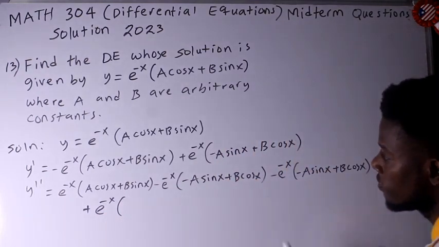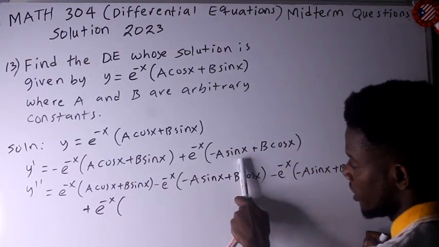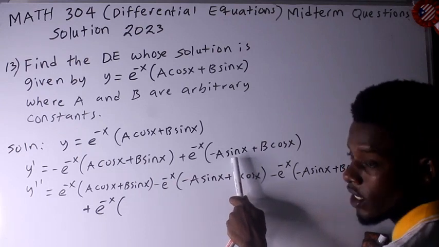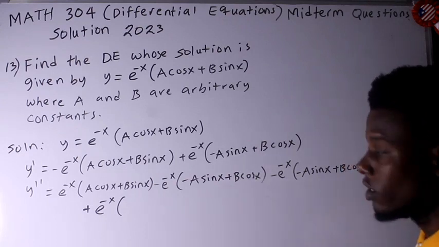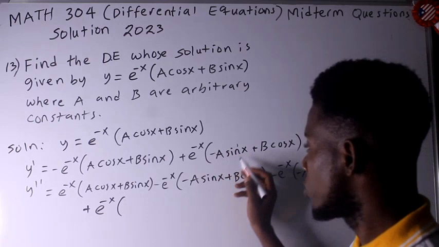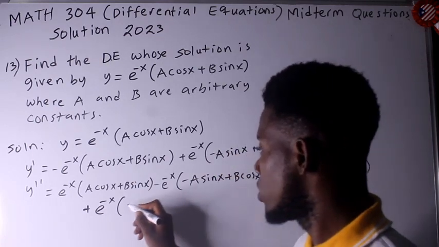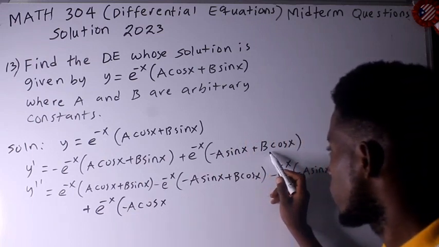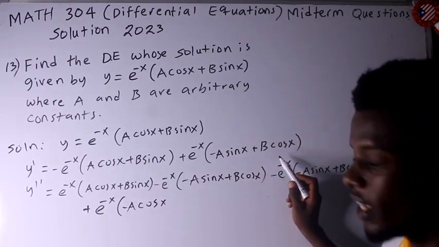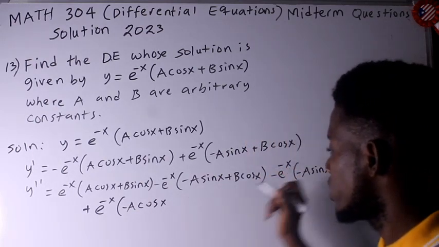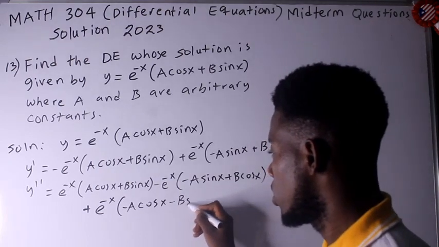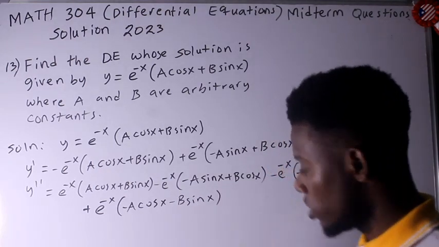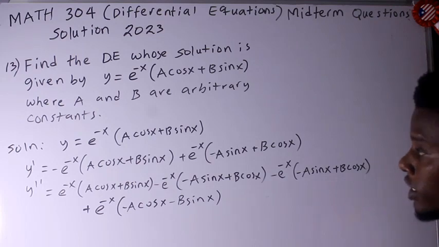What will be the derivative of minus a sin x? Differentiate sin x, that's cos x. So this entire thing becomes minus a cos x. What will be the derivative of cos x? That's negative sin x. So the derivative of b cos x is negative b sin x. As simple as it is.